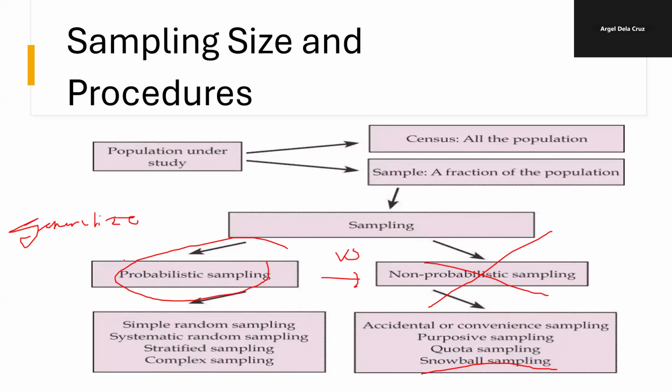Let's say, mag-allocate sila. Gawin natin parang ganito. Sa PLM tayo. Ilan ba yung colleges natin? Let's say we have 12 colleges. And bawat colleges, meron tayong representative relative to their population.